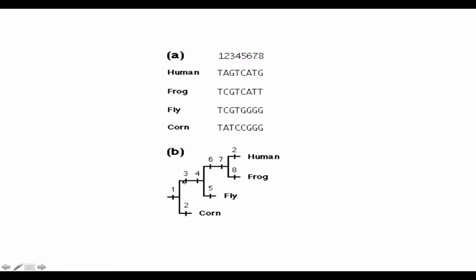And as you go backwards through the tree, the amount of time that's passed since the last common ancestor increases, right? So our goal is to build a tree from the sequences that reflects the evolutionary relationships of the organisms.